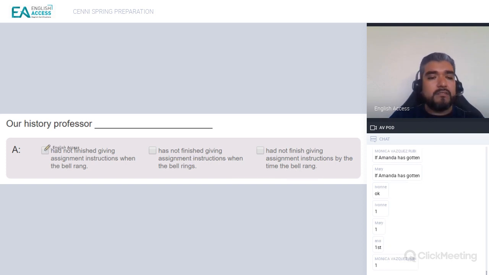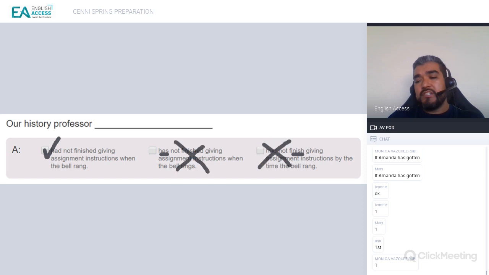Yes, the answer is the number one. The number two is not correct because we had has and it should be had for past perfect. And number three is not correct because we have finished and it should say finished. So these are incorrect and the correct one is the first. Good job. Let's check the number two.